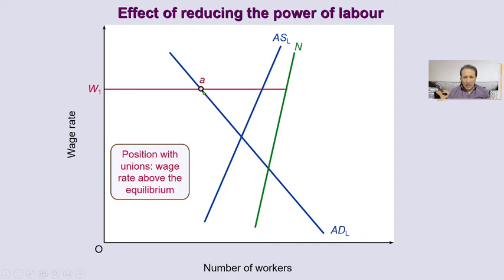At this wage, we have then a point A here in the aggregate demand for labor. You can see how at this level of aggregate demand for labor, we have this quantity of workers in the economy.